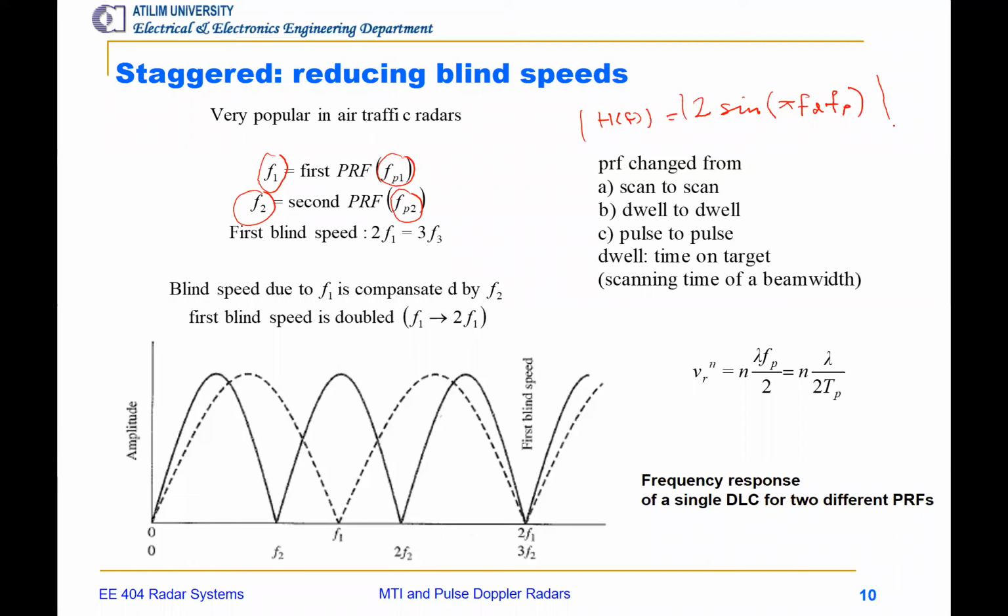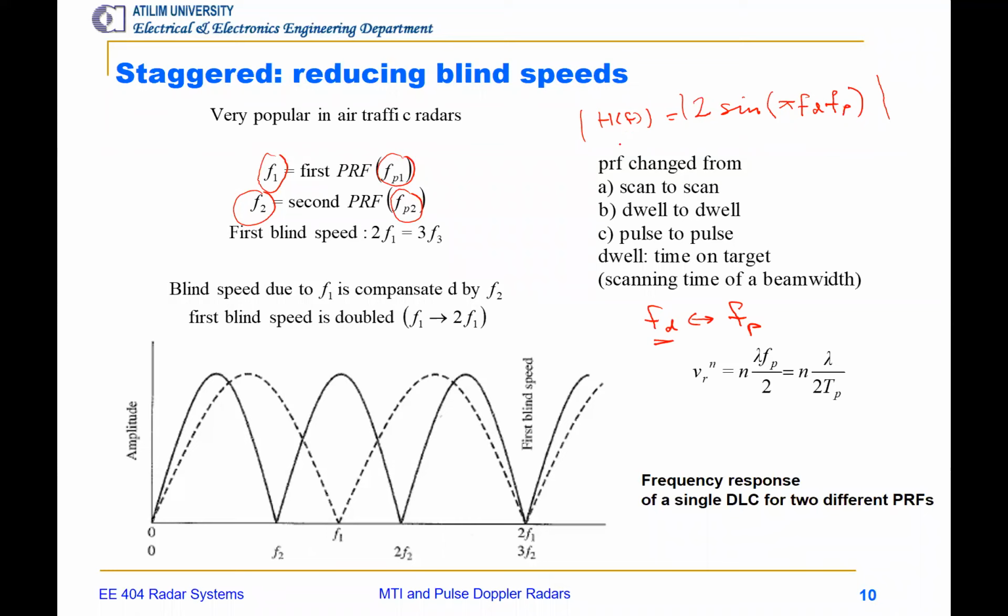So here FD is the Doppler shift, or it might be just F here, but I just write FD. And FP was the PRF.